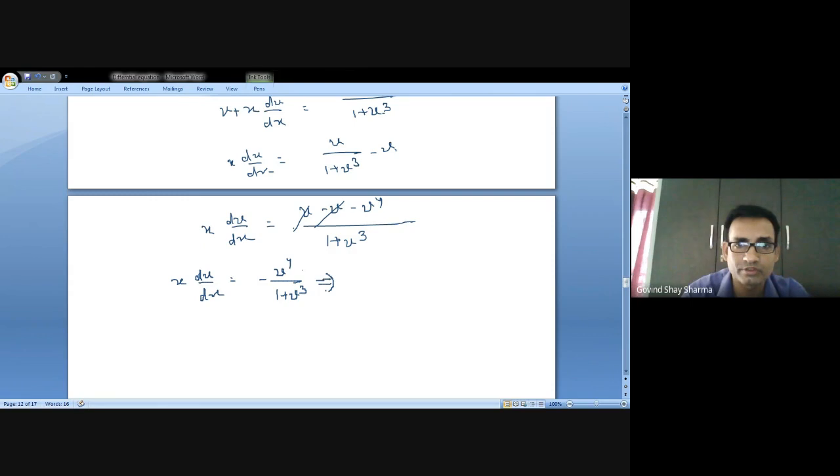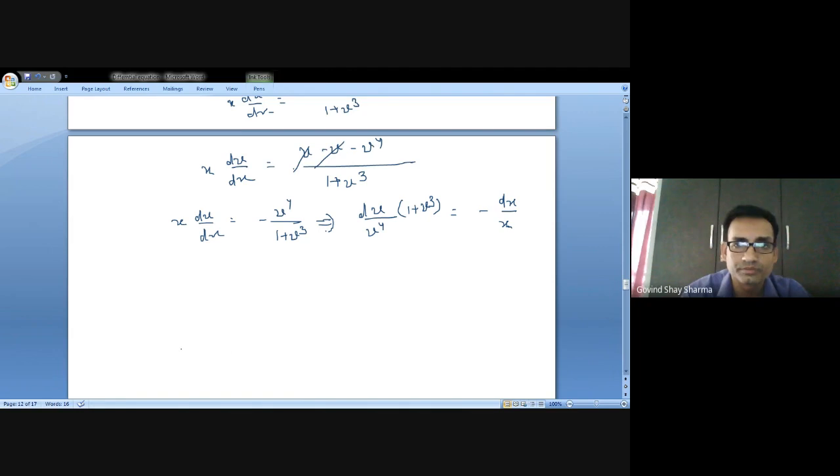Now we solve this: dv times (1 plus v cube) upon v to the power 4 is equal to minus dx upon x, by variable separation. v and x both are variables and we separate them.